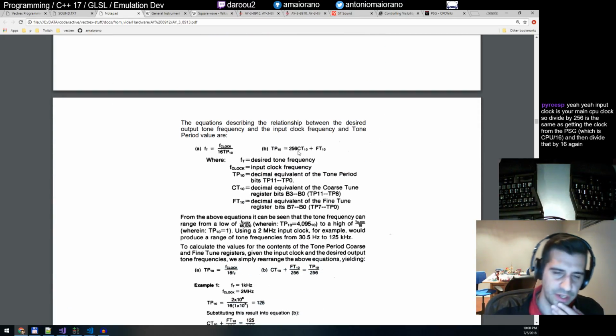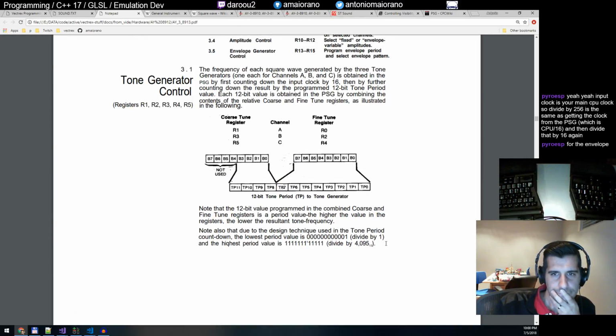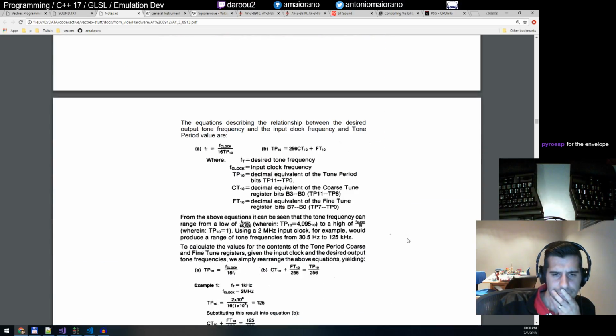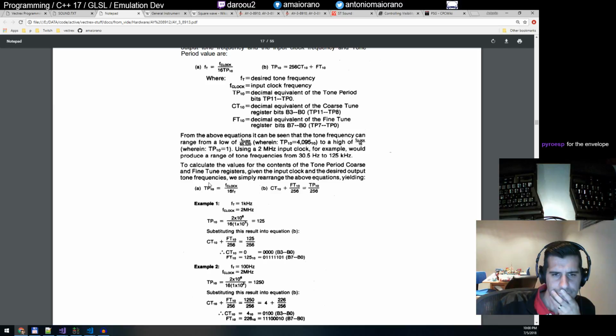Oh, they put 256 here as well. TP10 is 256 times the coarse tune plus FT10.